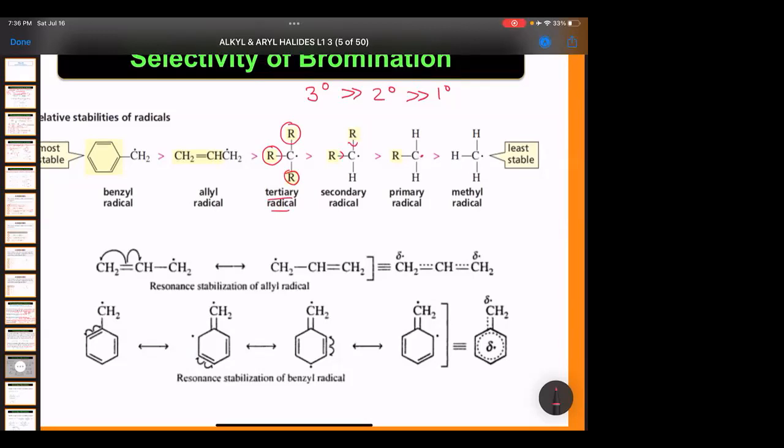If there are groups which can help the radical form by giving their electron density, it can form most easily. And then primary radical, methyl radical, right? So I hope it is clear.